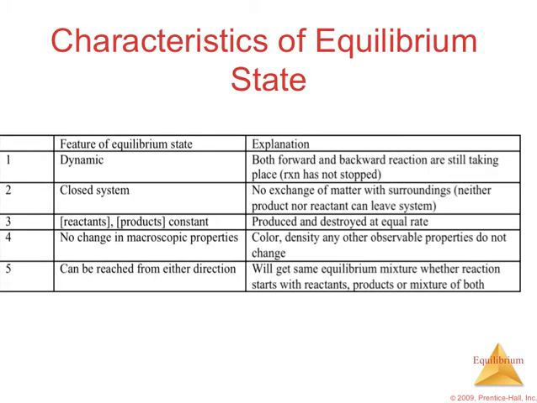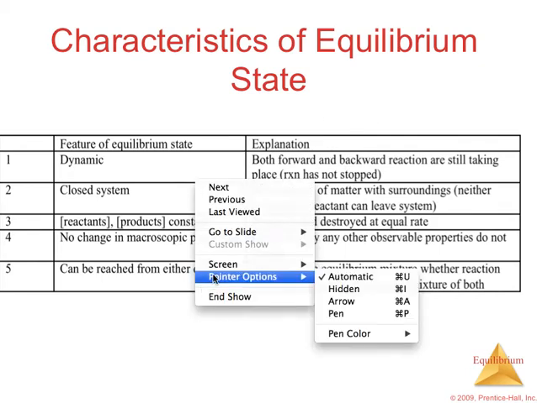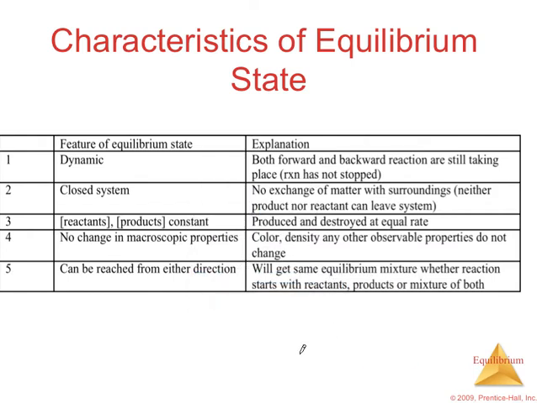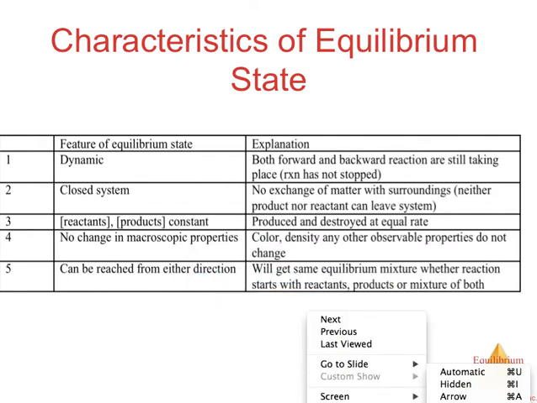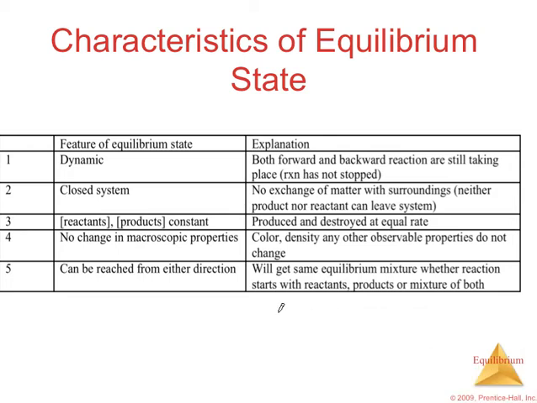There are 5 characteristics of an equilibrium state that need to be memorized. One is that it is a dynamic equilibrium. What dynamic equilibrium means is that both of these reactions are still taking place: reactant still making product, product making reactant.